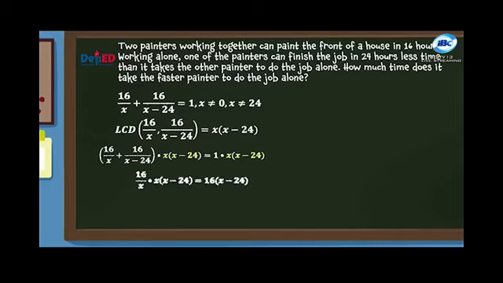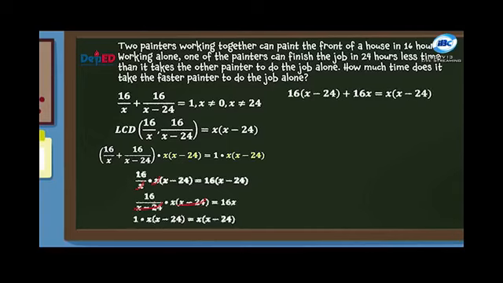By cross cancellation, 16 over x times the LCD x multiplied by the binomial x minus 24 must be equal to 16 times the binomial x minus 24, and 16 over x minus 24 times the LCD x multiplied by the binomial x minus 24 equals 16x, while 1 times the LCD x multiplied by the binomial x minus 24 is simply equal to the LCD itself.